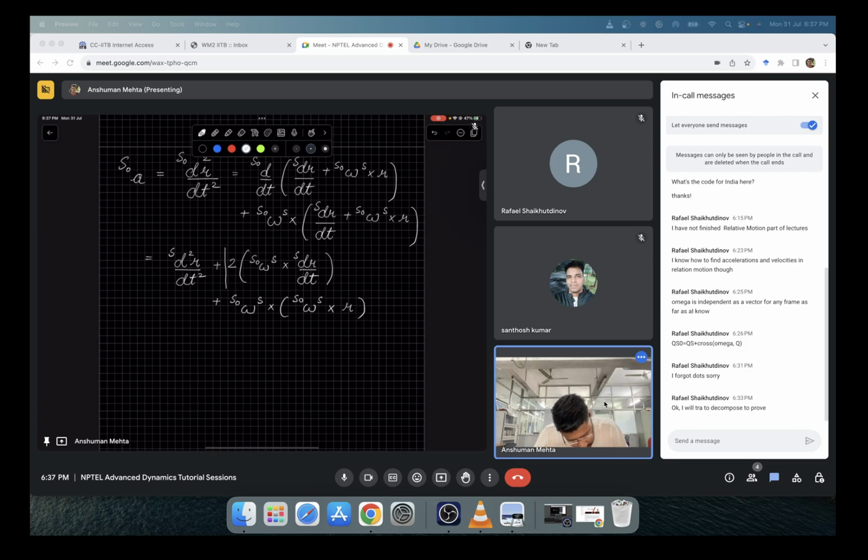So here the key observation are these two expressions, one there and one there.